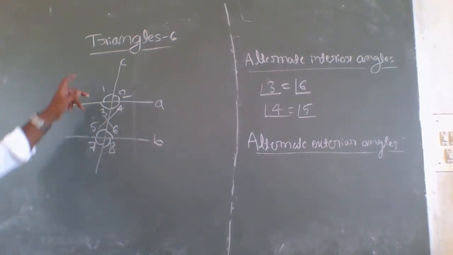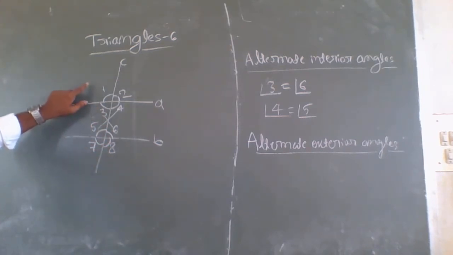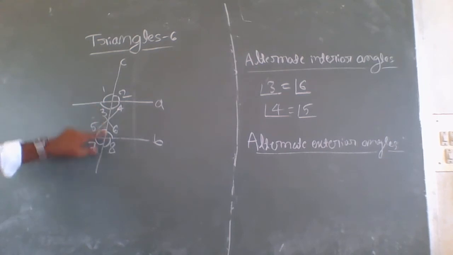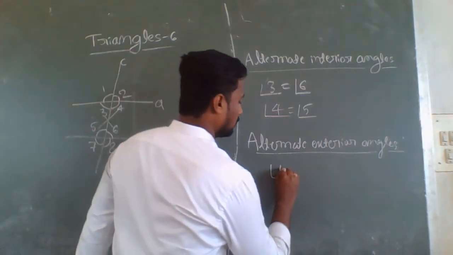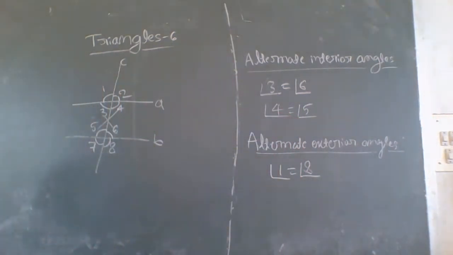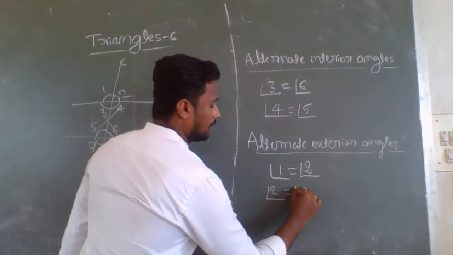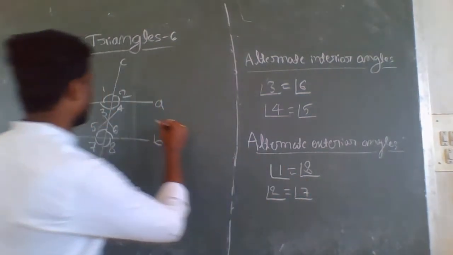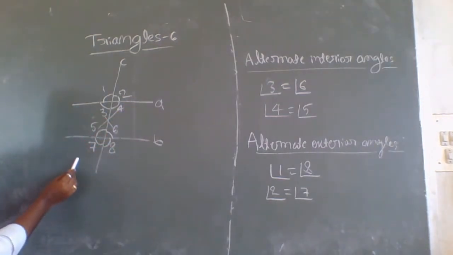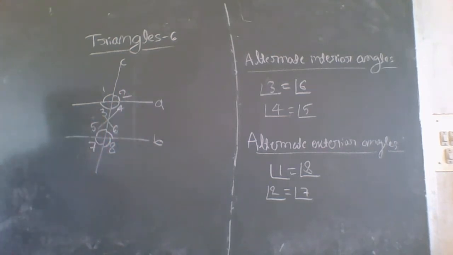So this should be opposite, angle 1 and angle 8. These are exterior angles and alternate to each other. Therefore angle 1 is equal to angle 8. Like this, angle 2 is equal to angle 7. These are alternate to each other and exterior angles.